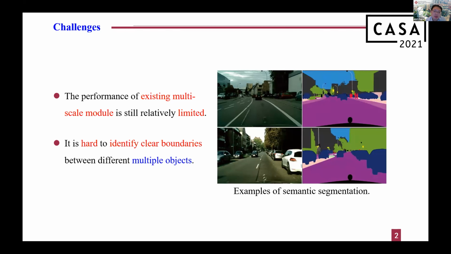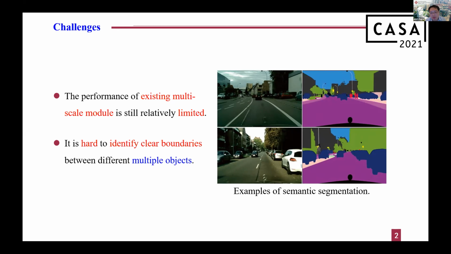When you are doing research, the motivation is really important. Basically we wanted to solve challenging issues, which means we focus on existing real problems. The existing state-of-the-art methods still cannot process multiple scale objects, especially small scale objects, very well.